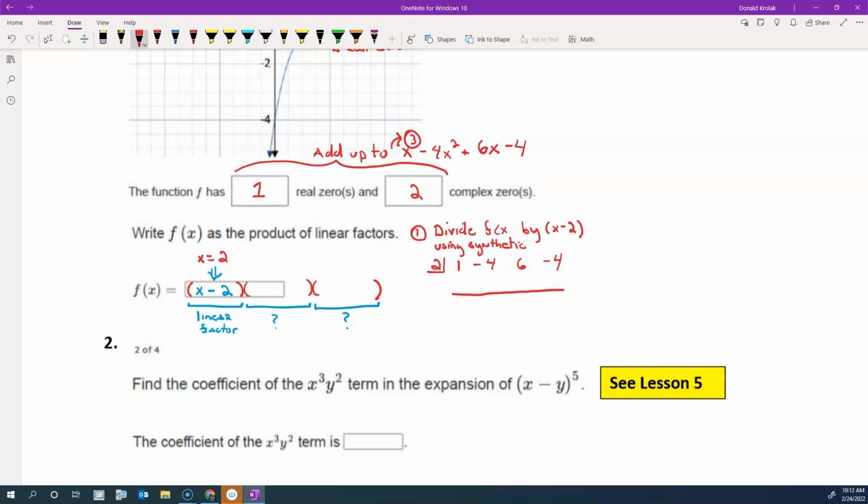So I bring down the 1, 2 times 1, 2, add them up, negative 2. 2 times negative 2, negative 4, add them up, 2. 2 times 2, 4, add them up, 0. So what this gives me is what's left over once I divide, and it's going to be x squared minus 2x plus 2.